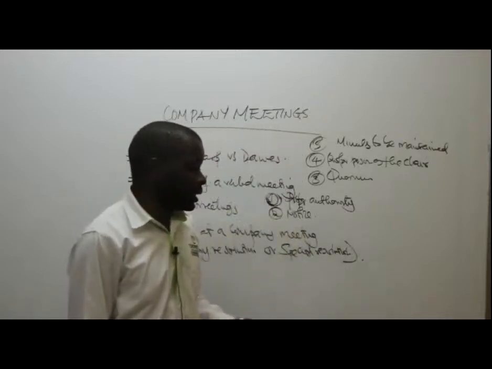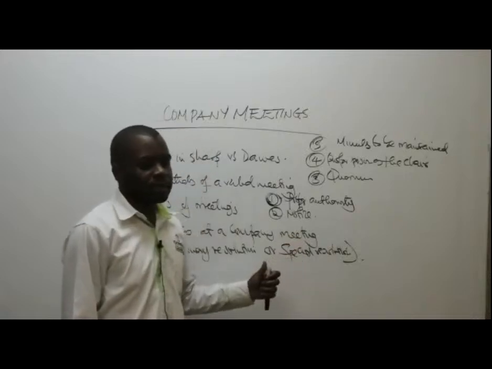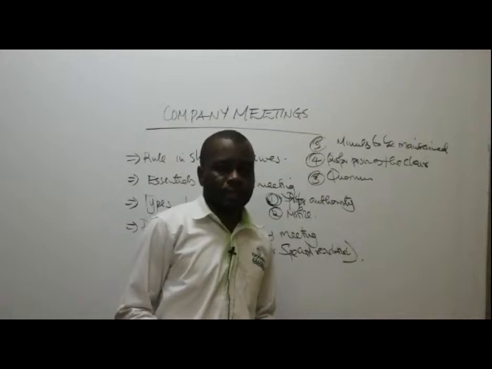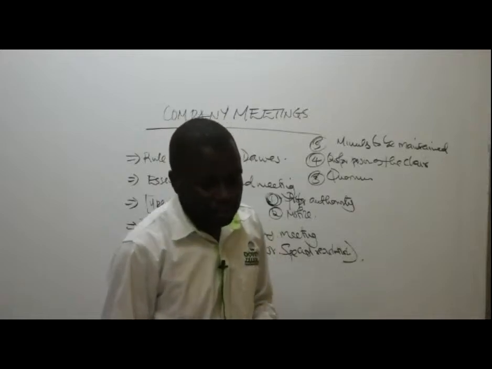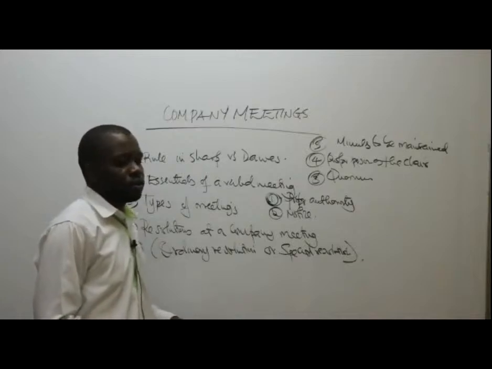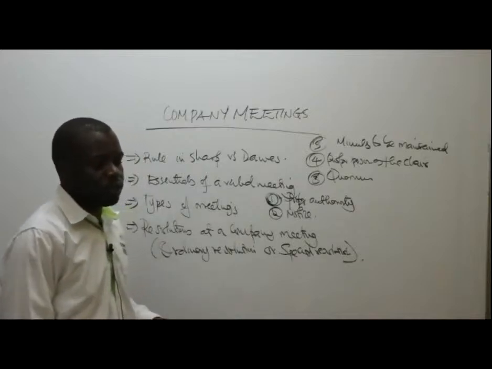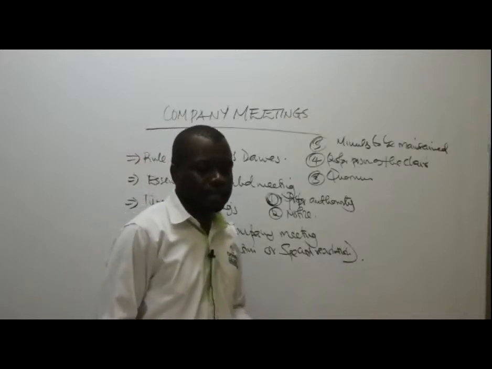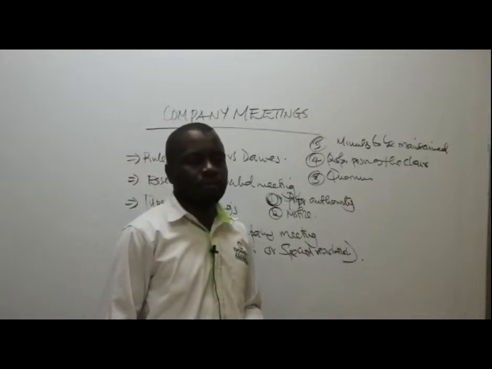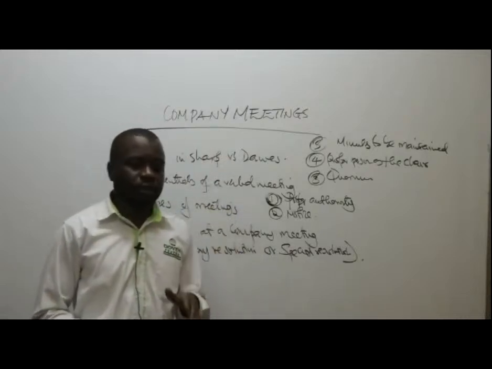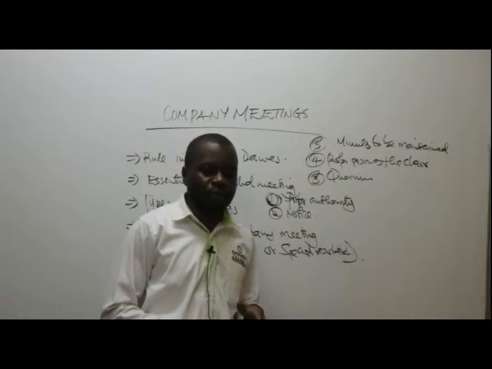Then at the end of it all, the minutes will be signed by the chairman of the meeting and also the secretary of the meeting. So that is basically what you'll likely get in the minutes of company meetings. Just the normal format of minutes: these minutes will clearly indicate the date, time and place where the meeting was held, those who are present, those who are absent with apologies.